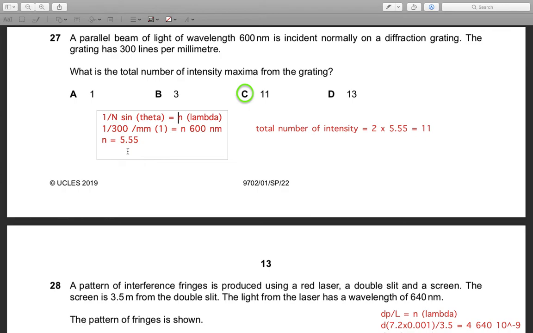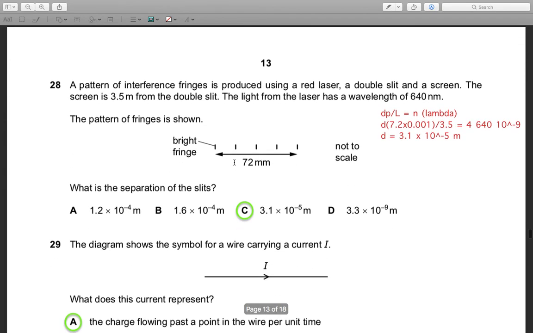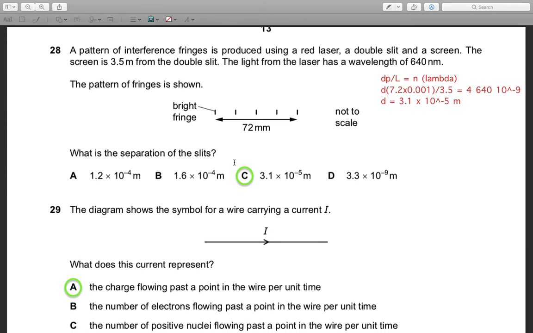So the total number of intensity maxima is 2 times 5.55, which becomes 11. The answer is 11. So, question 28.